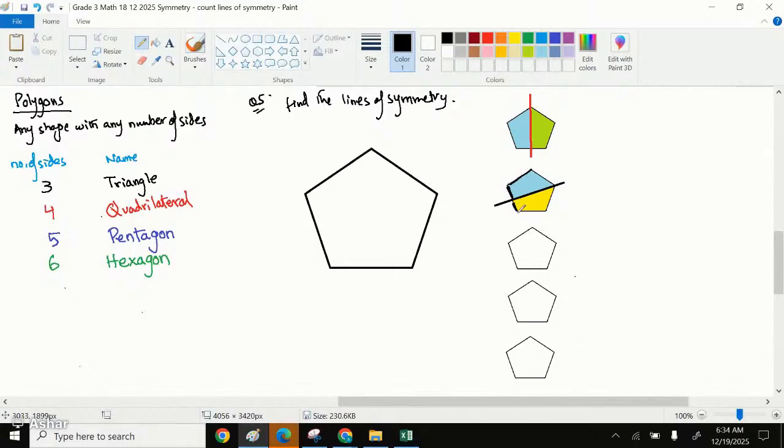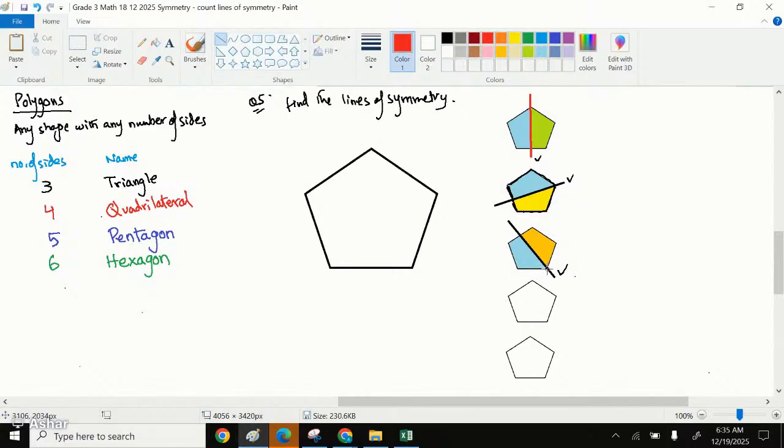This was one complete slant, this is one complete slant, this is another slant, and this is another slant. So we can say that this is a line of symmetry. Moving on further, if we draw another line from this point, we can still say that the shape on the left side is the same as the shape on the right side. This is still a line of symmetry.